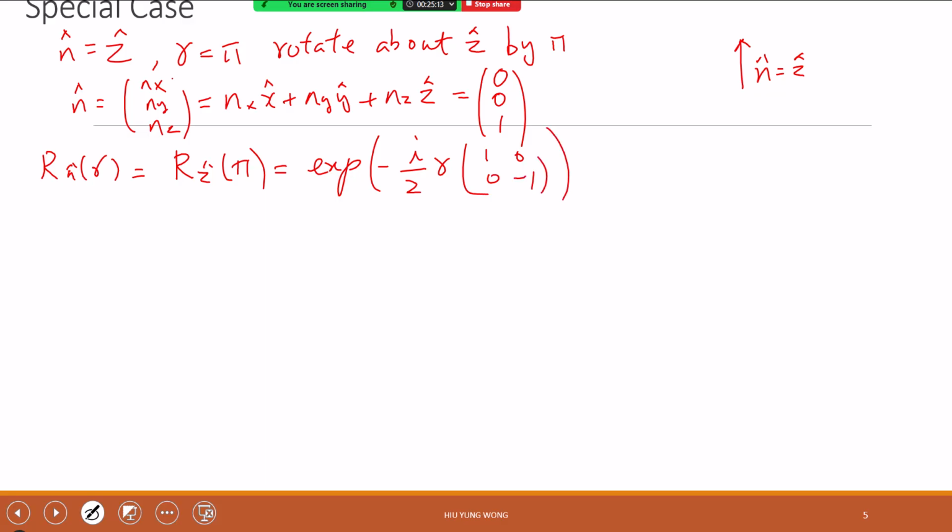Now, some of you might feel this is confusing: what is the exponential of a matrix? This is a matrix. I will cover it in the next slide. Now we just take it for granted again. You just agree that we can exponentiate a matrix. But more importantly, the matrix is diagonal.